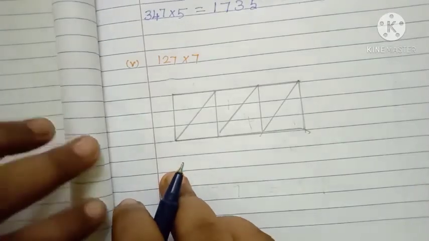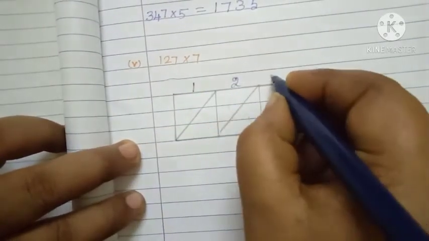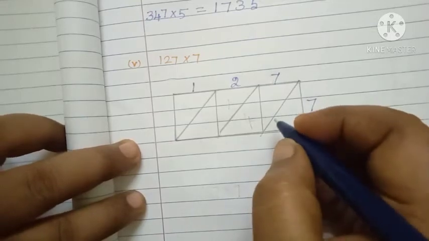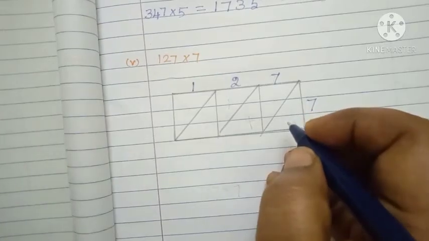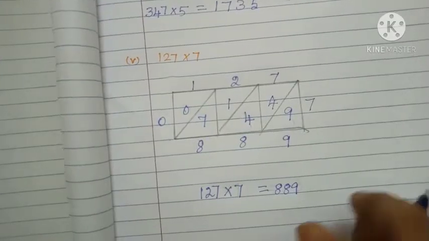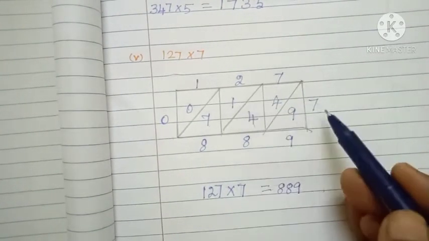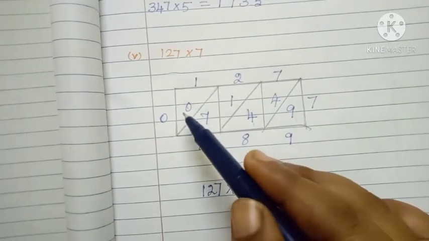The next one, the fifth sum. Arrange here 1, 2, 7 multiplied by 7. Do it now, children. Do it yourself and check it. 7 sevens are 49. 2 sevens are 14. 1 seven is 7. 0 here.